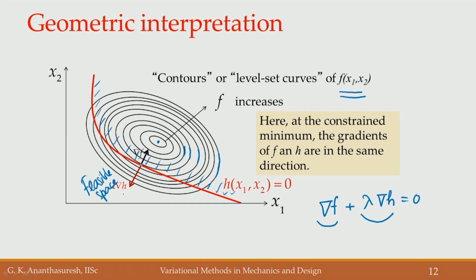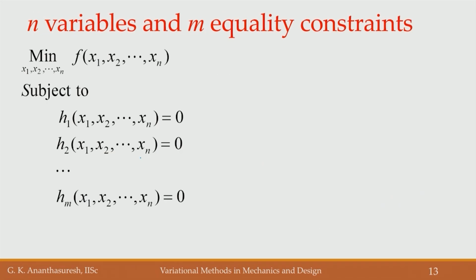Okay. So, the geometric interpretation is that the contour of the equality constraint is going to touch here, it is a point that touches the contours of the objective function. Okay. That is a geometric interpretation of the Lagrange multiplier and the associated equality constraint.